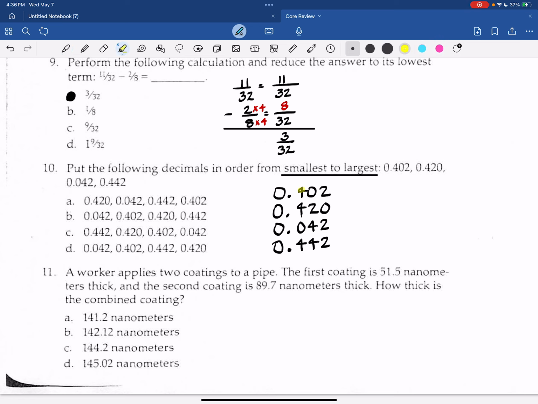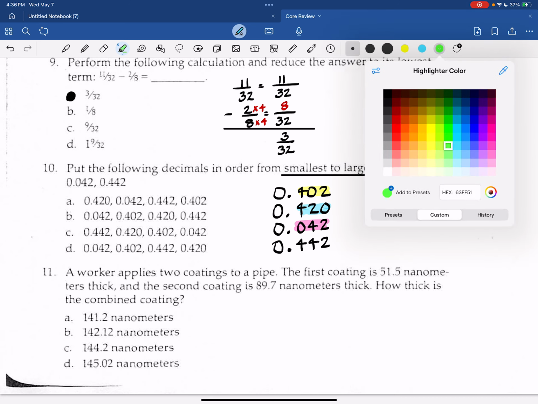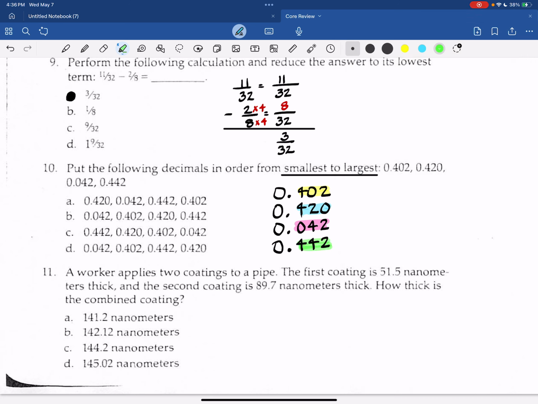So once you get them lined up on the decimal point and you fill in the gaps, you just look at your numbers. So you have 402, you have 420, you have 42, and you have 442. We want to know the smallest one. By the way, the zeros are all the same. You would want to start there, but they're all zeros. So which one of those is the smallest one?